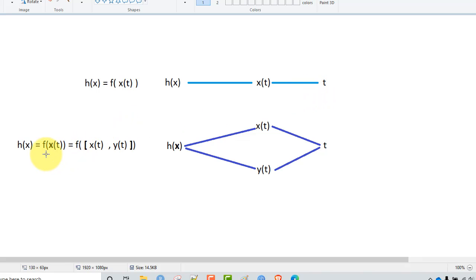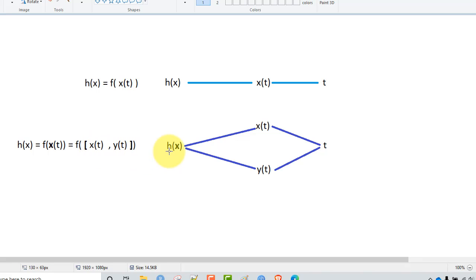But now we're doing h depends on two variables, and we're going to give the notation for the two variables as a vector. So we're saying that h, or f, depends on this vector, which we can write explicitly like this. So f depends on two things, x and y, but each of those depends on a single variable t.